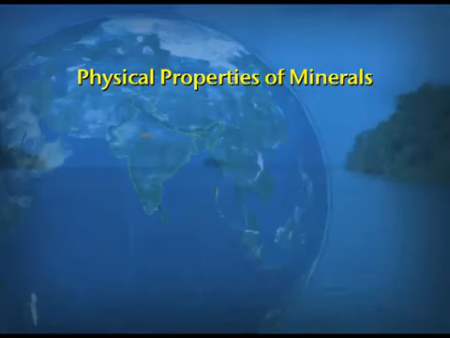Now, we take up certain physical properties of minerals. Number 1, the external crystal form. Now, what is the external crystal form? That is how apparently the mineral looks externally.